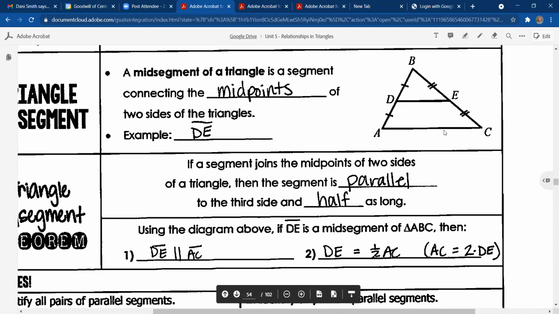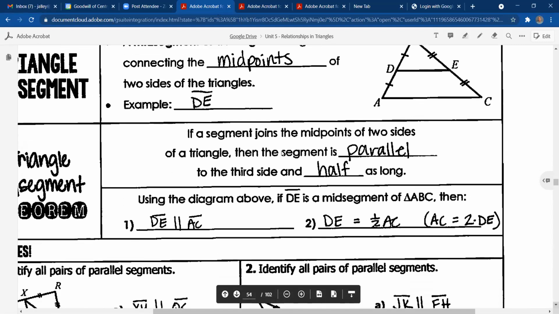The nice thing about that relationship also is that the mid-segment line is exactly half as long. And so if you fill in the blanks here for 1 and 2, you see the recognition that those two segments of that triangle are parallel.